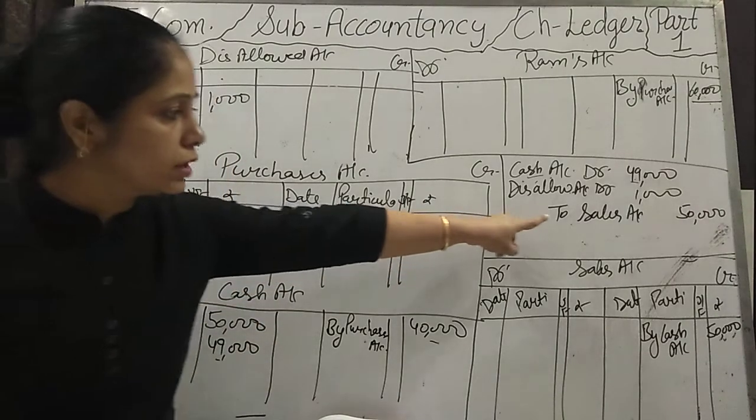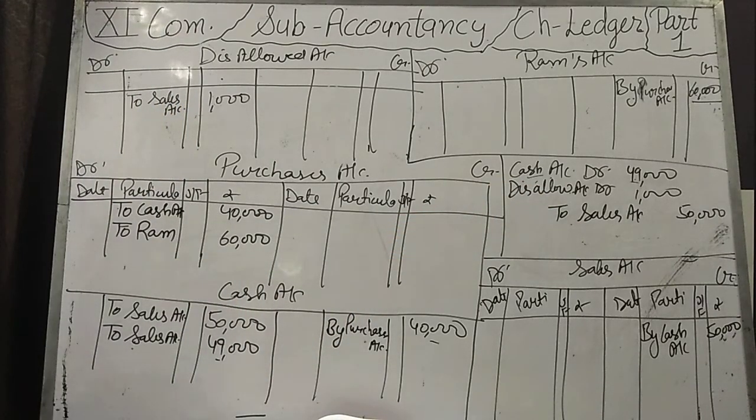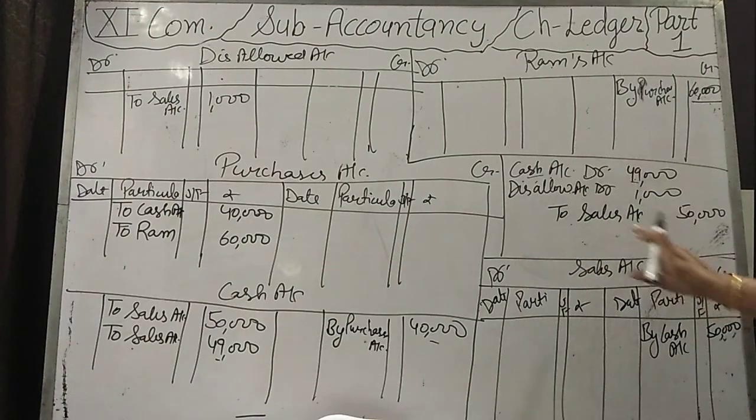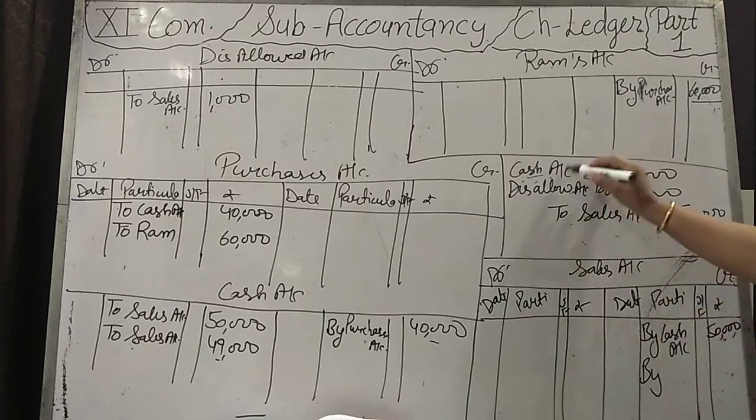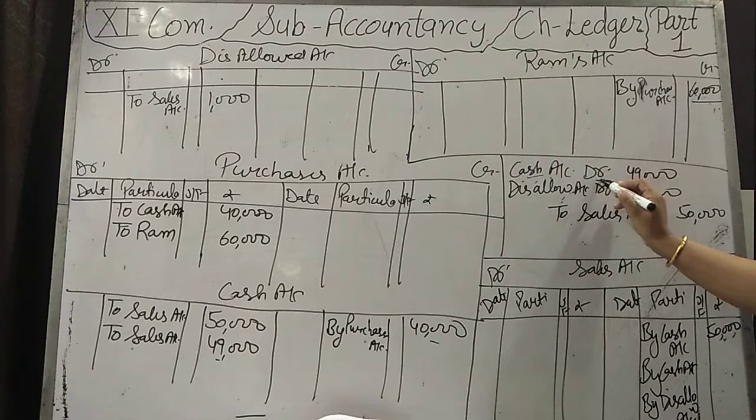Now the third account is sales account. Sales account is what here? Credit. So in the credit side of sales account we will write both, debit by cash account and by discount allowed account. How much?